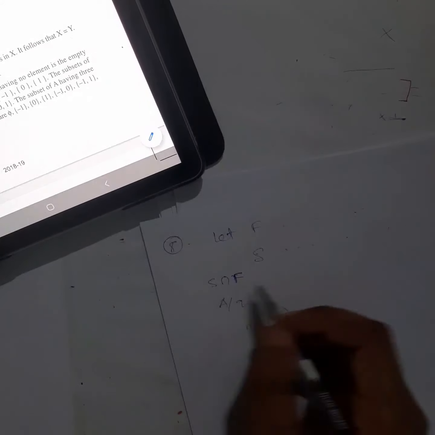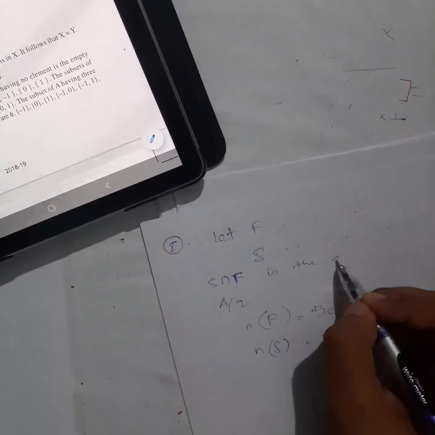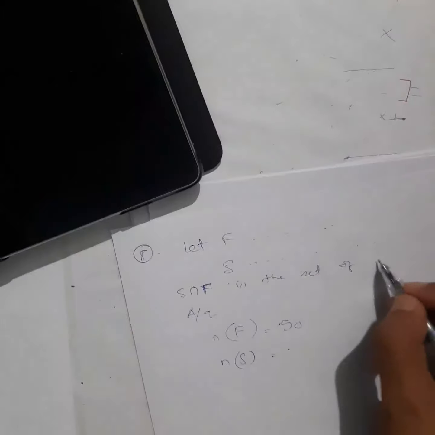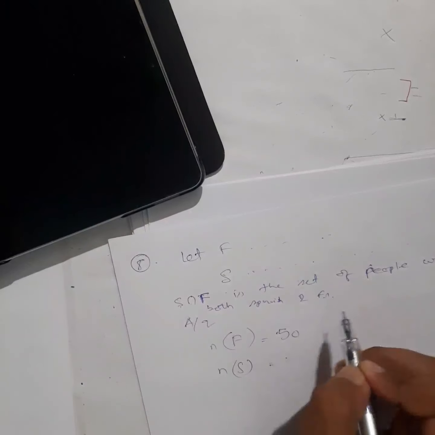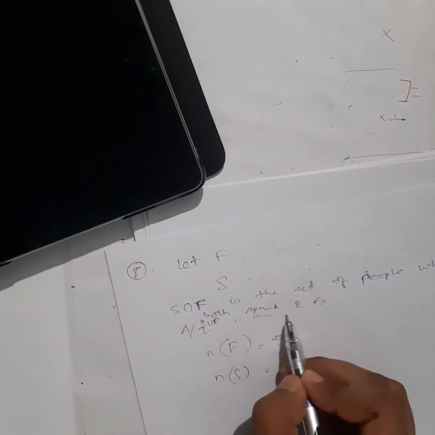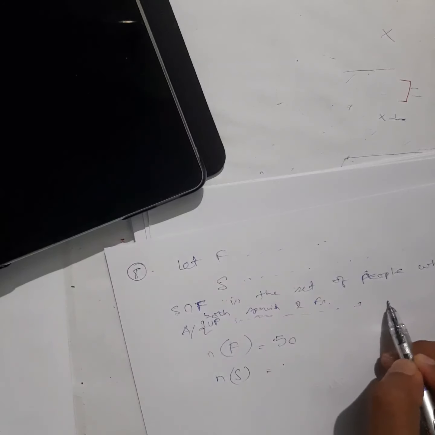If you don't understand this, you can write S intersection F is the set of people who speak both Spanish and French. Then for union also, if you want, you can mention S union F is the set of people who speak at least Spanish or French.